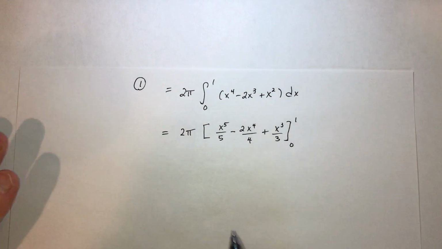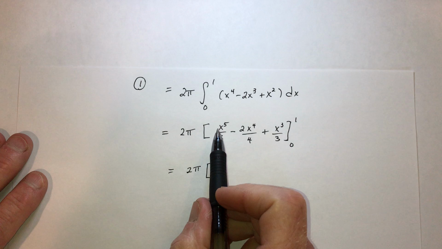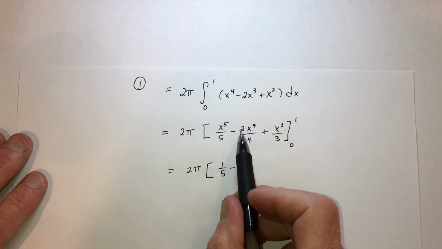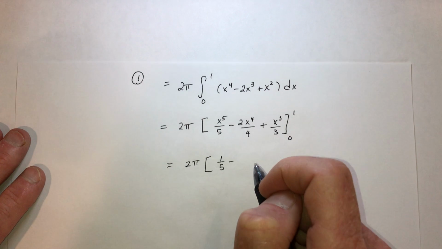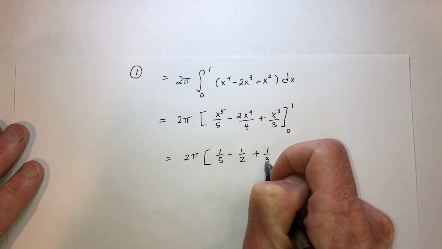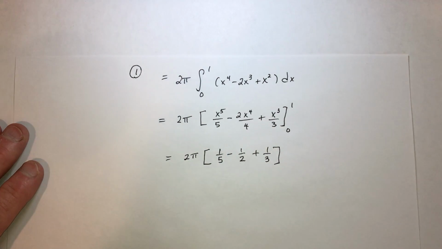So substituting 1 means that this will be 1/5. This will be 2/4 or minus a half. And then plus a third. And when you substitute 0, it's going to contribute 0 to the answer.